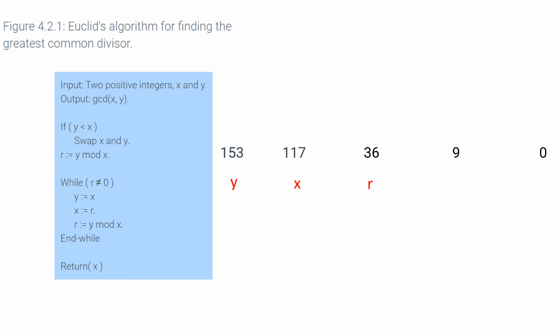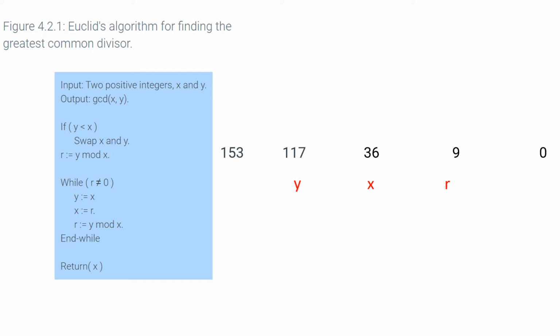Now it goes through a loop here. It says while r is not equal to 0, then do this. What's it going to do? It's going to put x into y, and then it's going to put r into x, and then it's going to perform that mod operation again. So basically, each iteration ends up switching those over by one space.